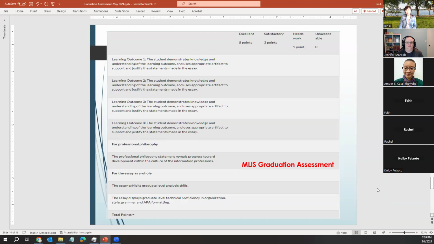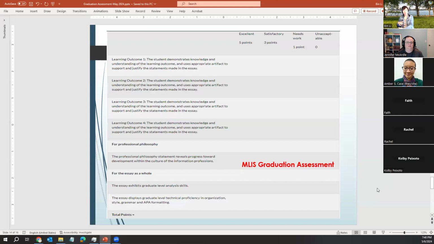Rachel has a question about the sample assessment. This has actually come up a lot, but the faculty has also discussed this and thinks it may not be a good idea, because it limits the way students can prepare their graduation assessment.